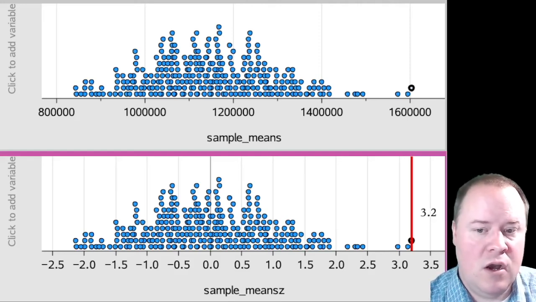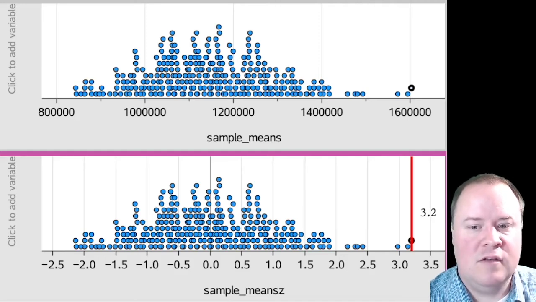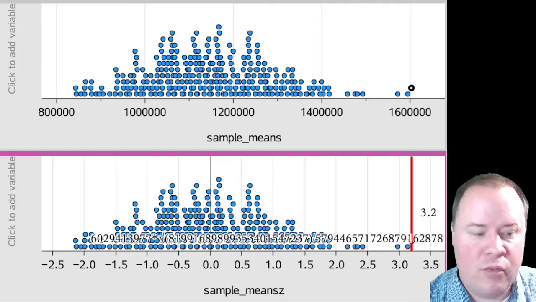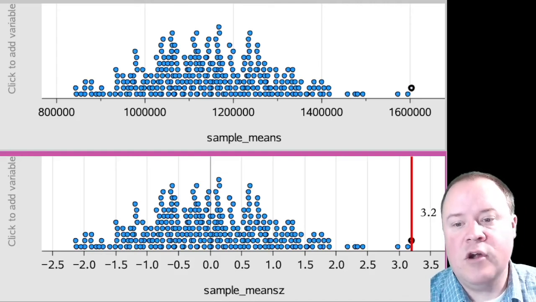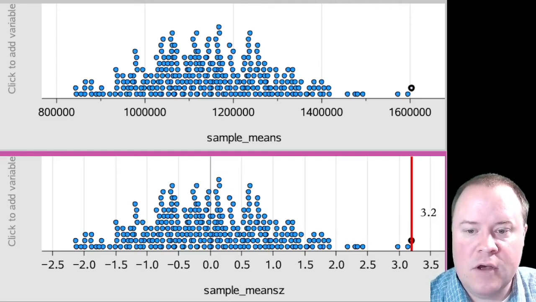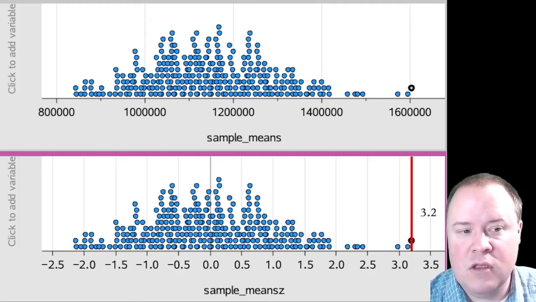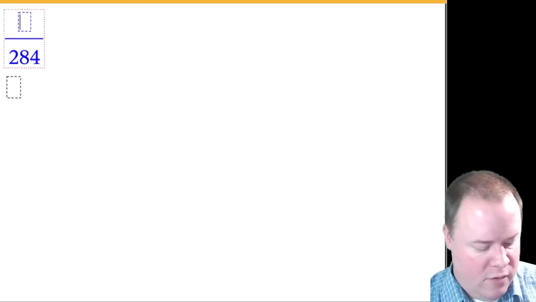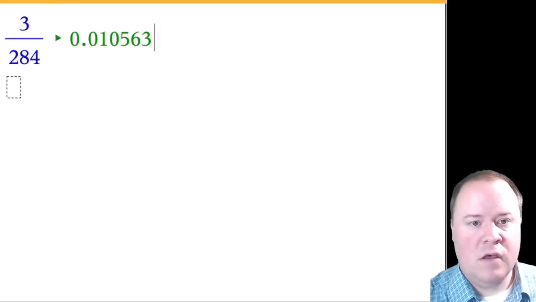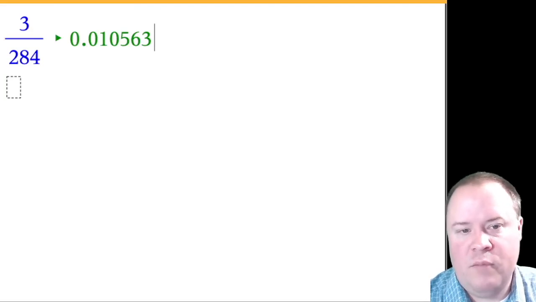Or maybe we want our cutoff to be 2.5. So we use the value 3, and so 3 out of 284. That's going to be really small. So if we put a 3 here, we get a value of 0.01.